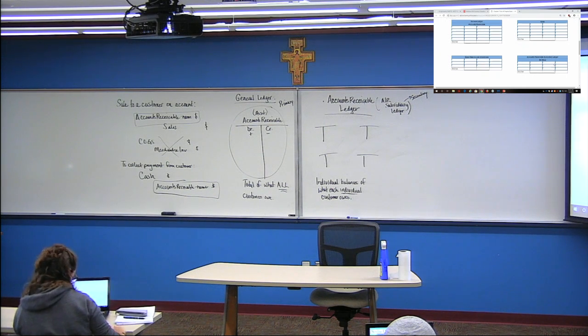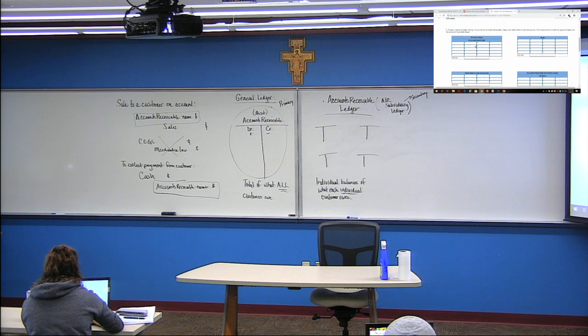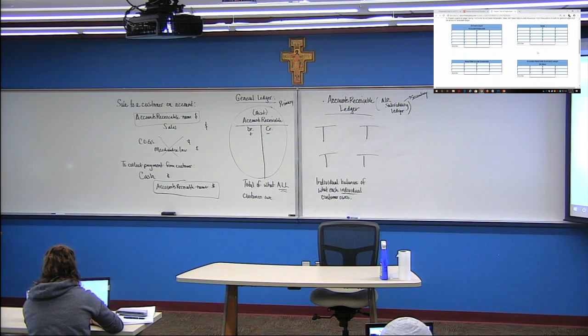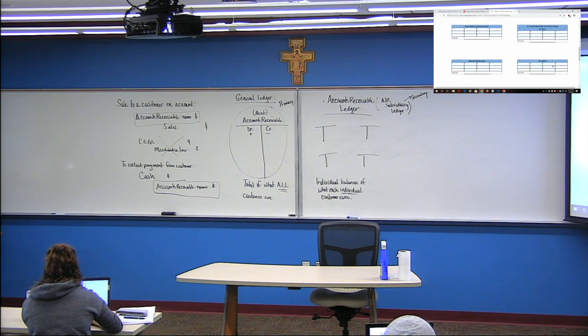These are big T's, these three, and they are all in the general ledger. The accounts receivable detail is in the accounts receivable ledger. Here's a little T, one for Ski Shop, one for Welcome Enterprises, one for Zion Natera. That's what we're looking at here.